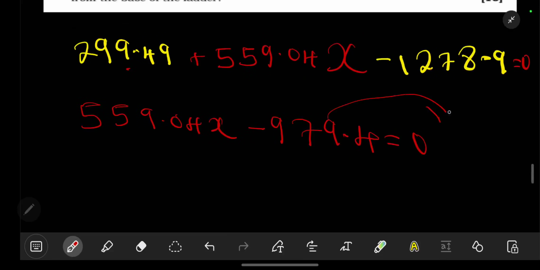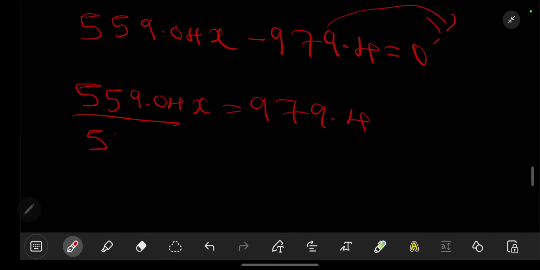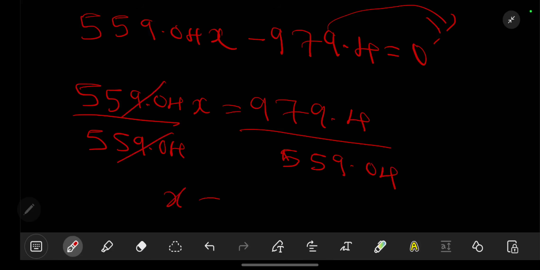So we take this to the other side. So we have 559.04 x should be equal to 979.4. We divide by 559.04, and when we divide that, this is going to give us 1.752 meters.